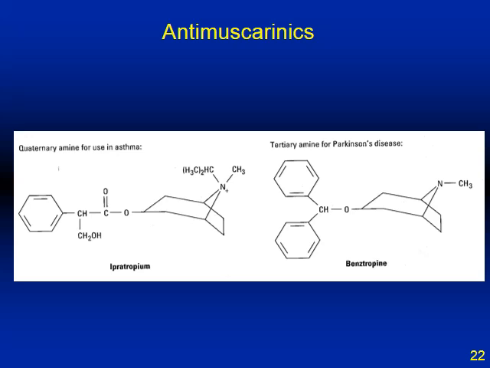And if we look over to the right, we see an antimuscarinic drug called benztropine. And benztropine is a neutral compound, right? And so it is absorbable. It is able to cross the blood-brain barrier. It's actually used in the treatment of Parkinson's disease because of its antimuscarinic action. And it's a drug that you most likely will hear about again when you discuss Parkinson's disease in future courses.